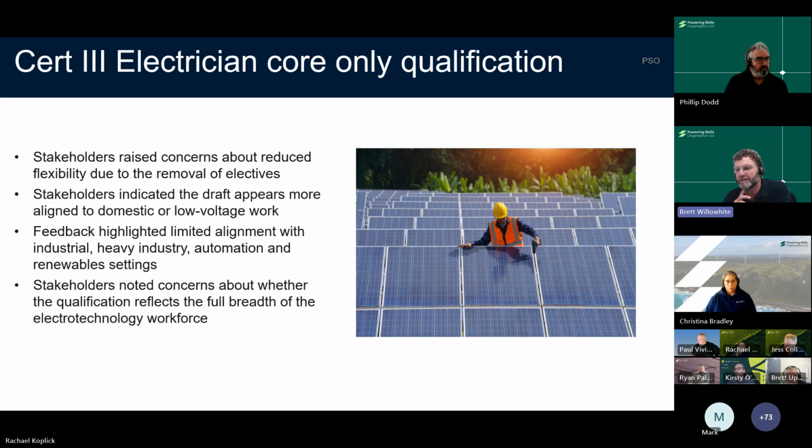Stakeholders raised concern about reduced flexibility due to the removal of electives. The focus of this current core only draft was to reflect the licensing requirements, which are essentially based in the core of the qualification, and the qual being designed as a foundational trade outcome, which is in alignment with the qualification reform project from DUA and the Purpose 1 qualification, which the electrician qual was identified as.